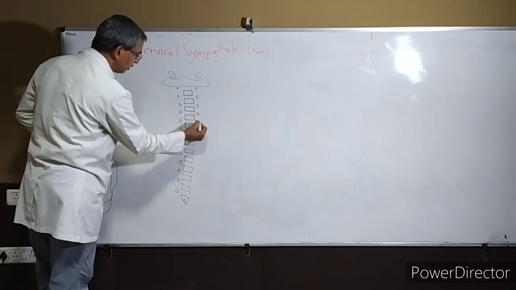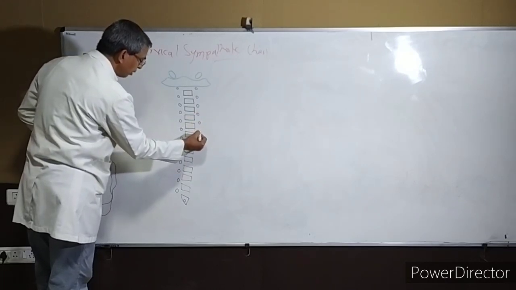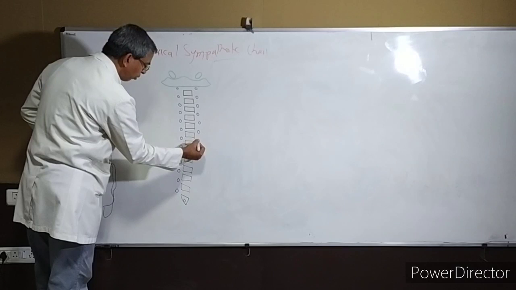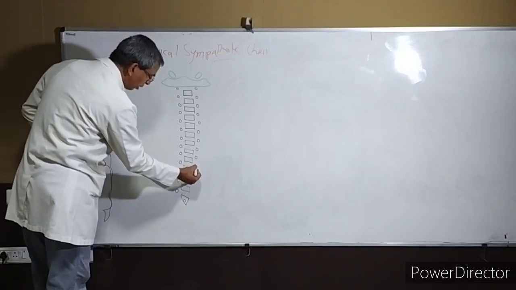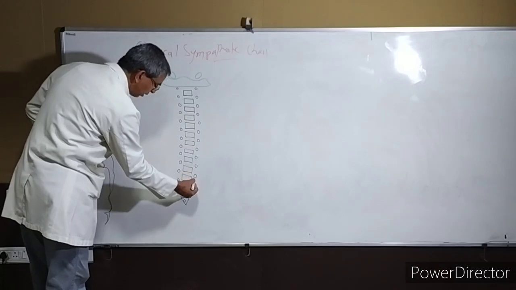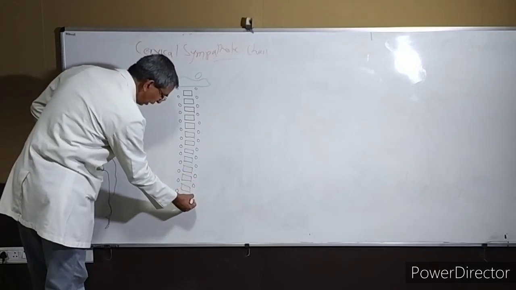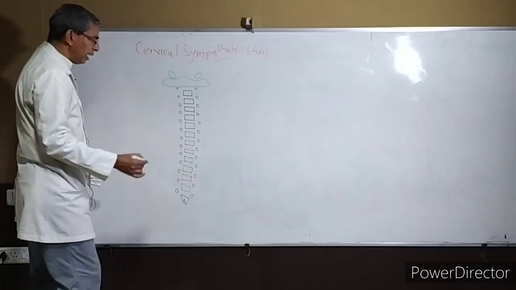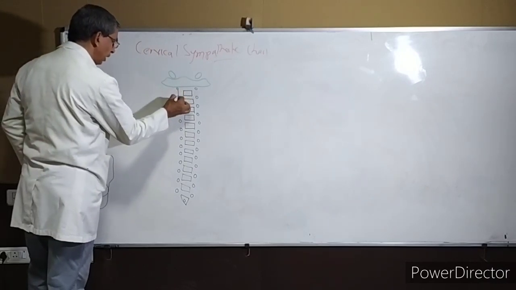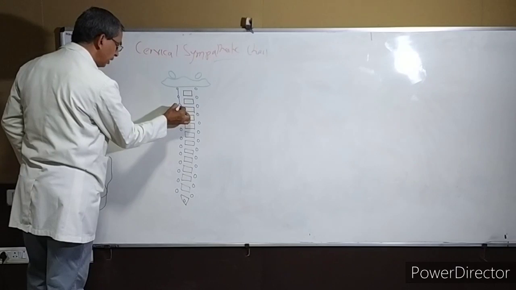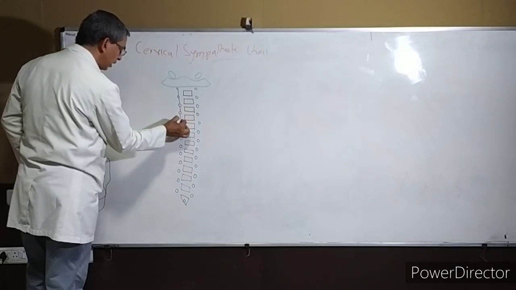These are the ganglia on both sides of the vertebral bodies in the whole vertebral column, extending from the base of the skull up to the coccygeal vertebra. These ganglia are connected by the interganglionic tract; all the ganglia are connected to each other.